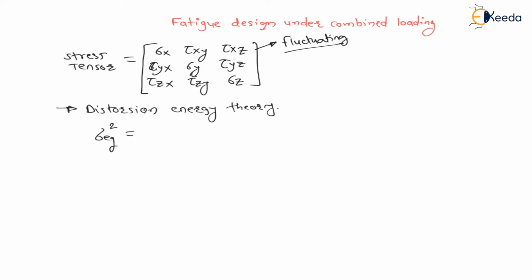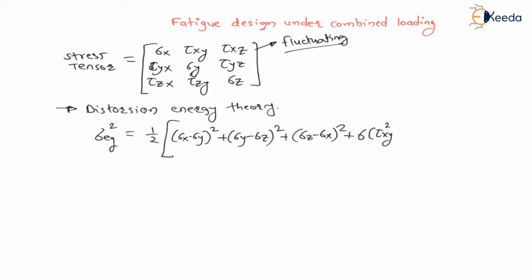Sigma equivalent square is equal to 1 by 2 in bracket sigma x minus sigma y whole square plus sigma y minus sigma z whole square plus sigma z minus sigma x whole square plus 6 in bracket tau xy square plus tau yz square plus tau zx square.